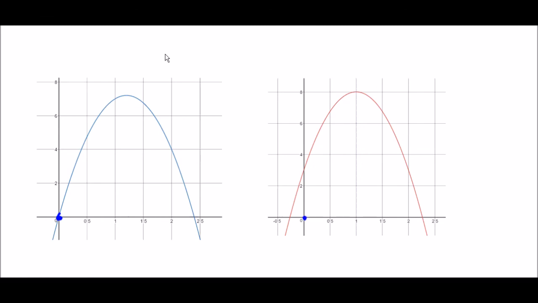And so what I want you to notice is on the left, where we do pass through (0, 0), the axis of symmetry, which passes through the vertex, is exactly halfway between our two roots, and therefore, since (0, 0) is a root, I can just take the time it would take to get to the vertex and double it to get to that intercept.